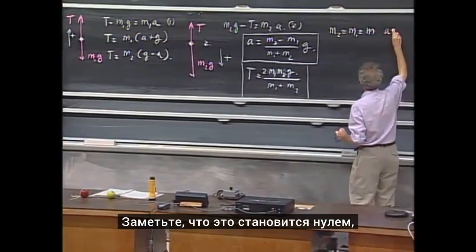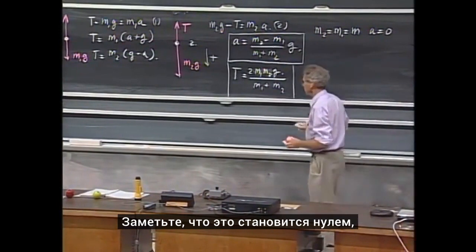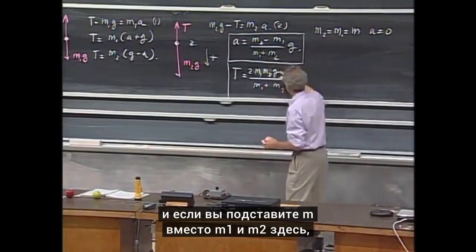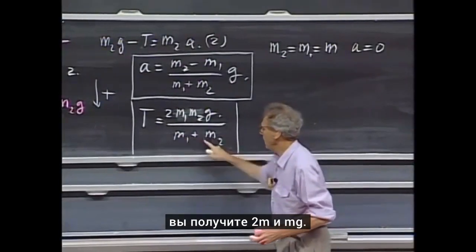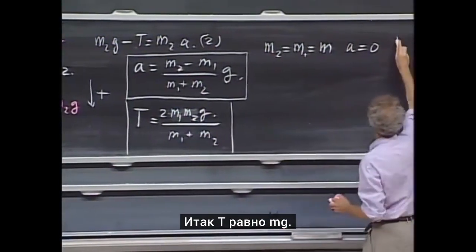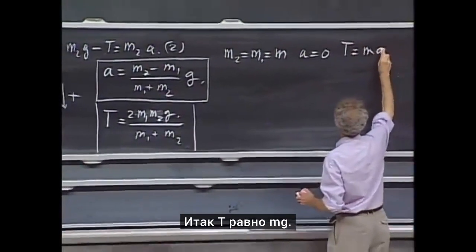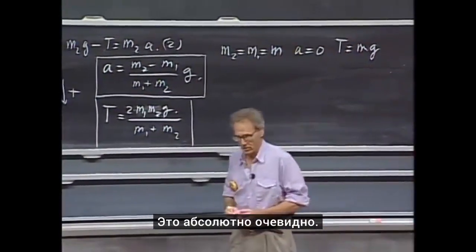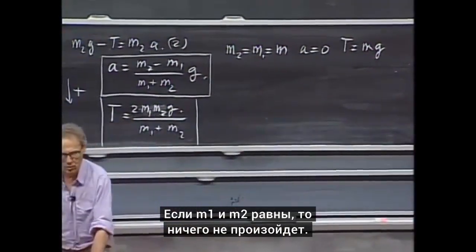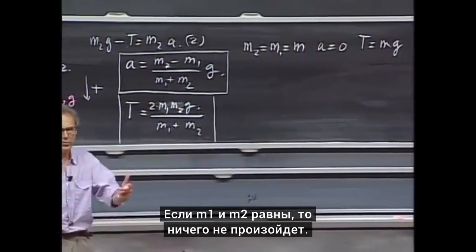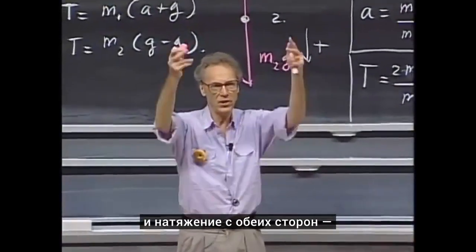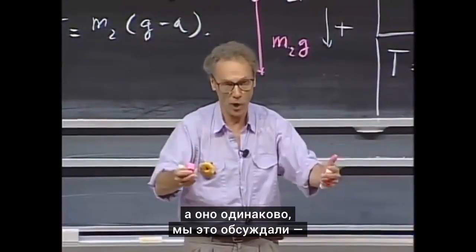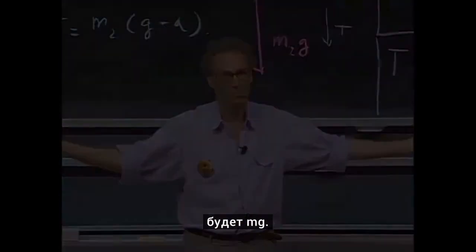Notice that a becomes 0, and notice if you substitute for m1 and m2 m here, that you get 2m, you get mg. So T becomes mg. That is utterly obvious. If m1 and m2 are the same, nothing is going to happen. They're going to sit there, the acceleration will be 0, and the tension on both sides, which is always the same, we argued that, is going to be mg.